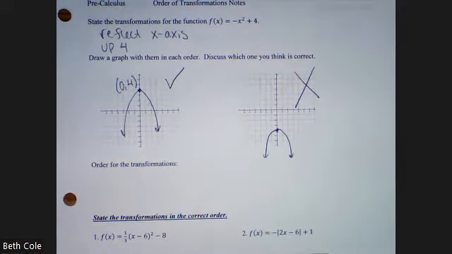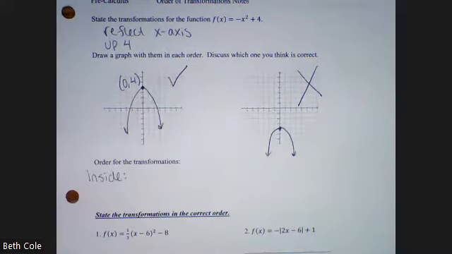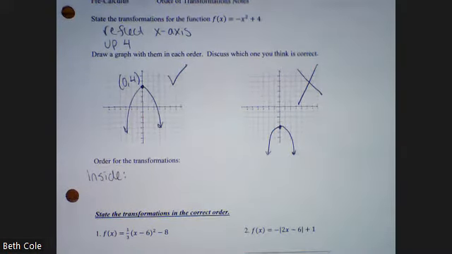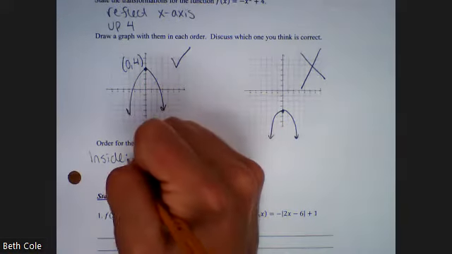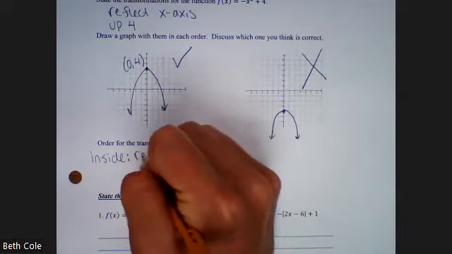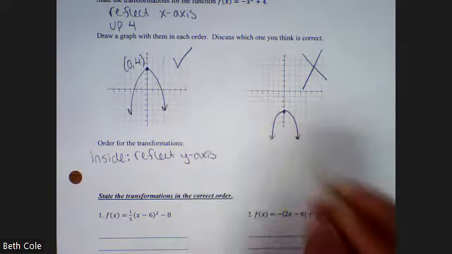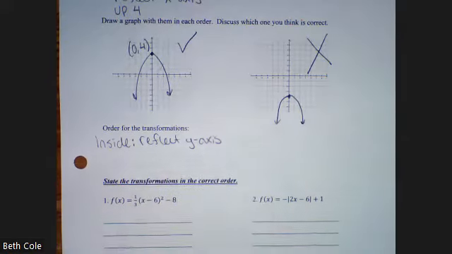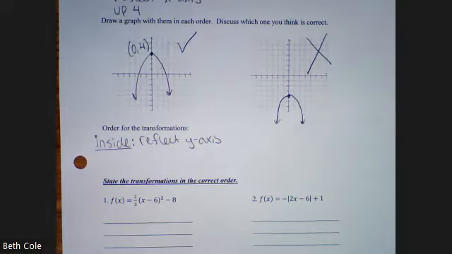So here's the order. We're going to do the inside stuff first. You have to reflect first. The reflections trump everything else. Those have to come first. If the negative is inside, that means you reflect over the y-axis. That's the first thing. Then you do the stretches and shrinks.